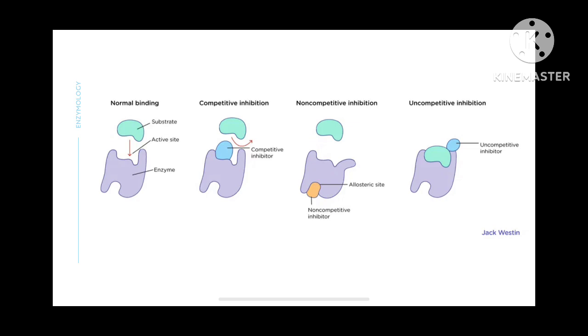So this means even if you add excess substrate, there will be no change, no reversal of the inhibitory action. And for uncompetitive inhibition, the inhibitor would bind itself to the enzyme substrate complex. If you add excess substrate, then there will be more enzyme substrate complex. Therefore, that will also increase the inhibition.